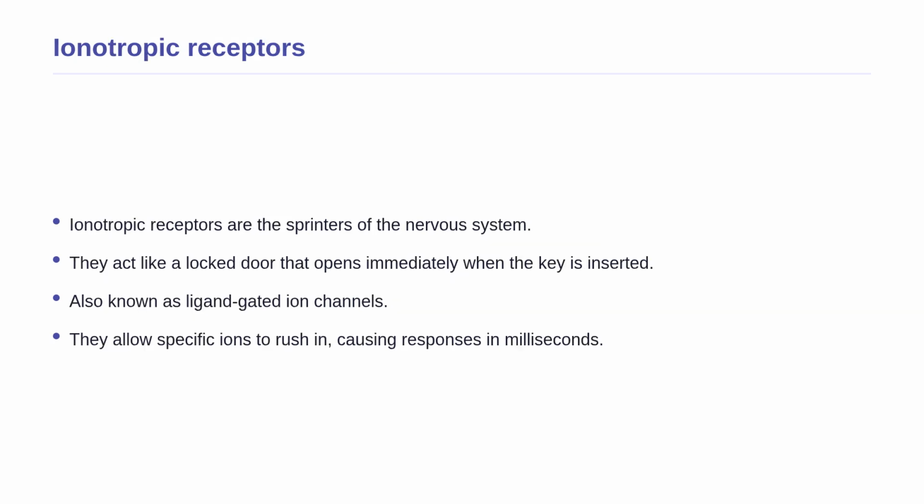Building on our lock and key analogy, let us start with ionotropic receptors, which are truly the sprinters of the nervous system. Imagine a locked door with a built-in keyhole right on the handle. The moment you insert the key and turn it, the door swings open immediately, allowing people to rush inside. Ionotropic receptors work exactly like this direct door.